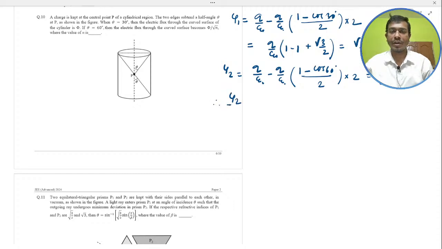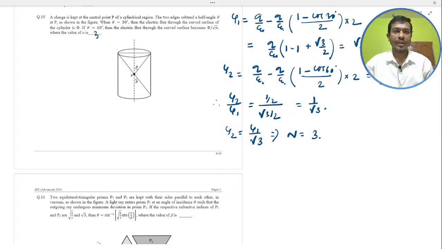So now the ratio, phi 2 by phi 1, is half divided by root 3 by 2, which gives 1 by root 3. So phi 2 would become phi 1 by root 3. That means n is 3. The value of n would become 3. Okay.